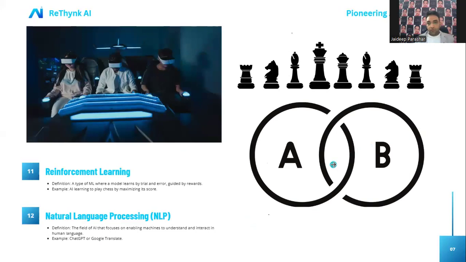Okay, now let's talk about what reinforcement learning and natural language processing are and why they are important. Reinforcement learning is when you learn by trial and error. When we were kids, around one year old, we started experimenting with many things.